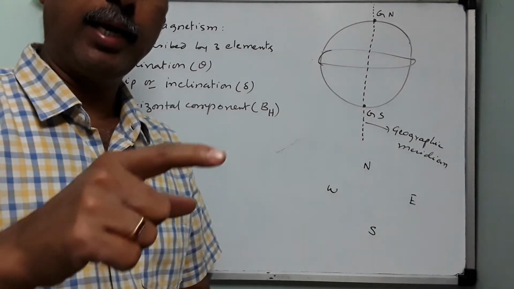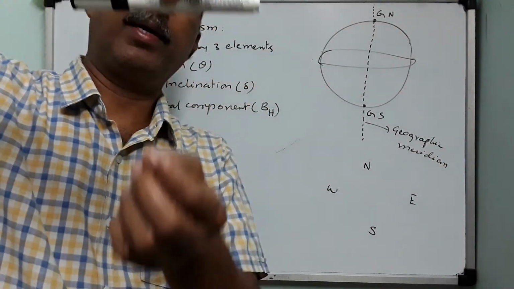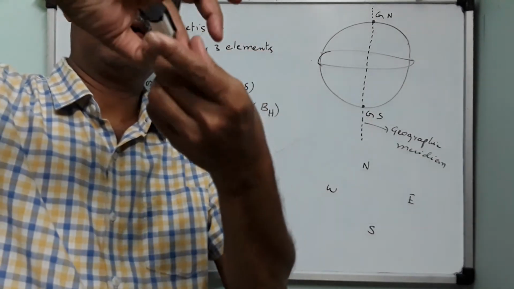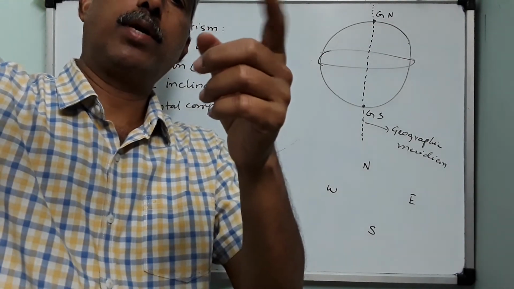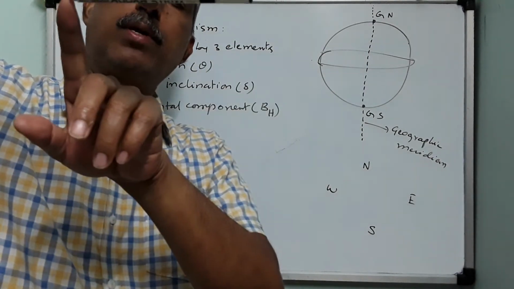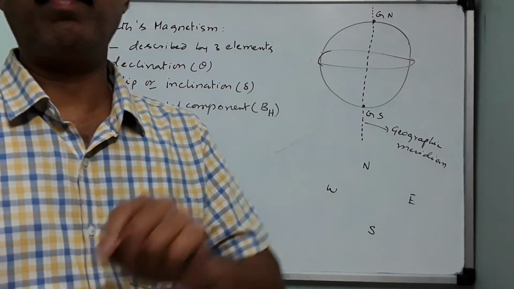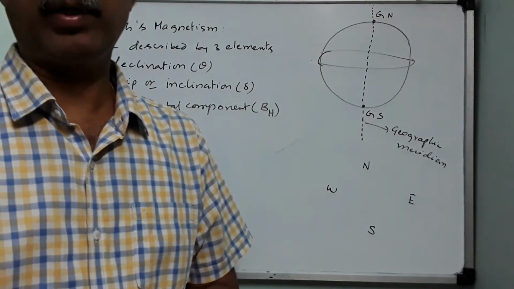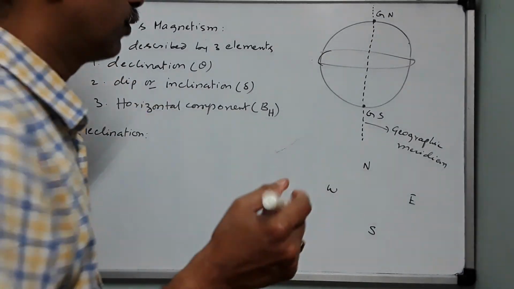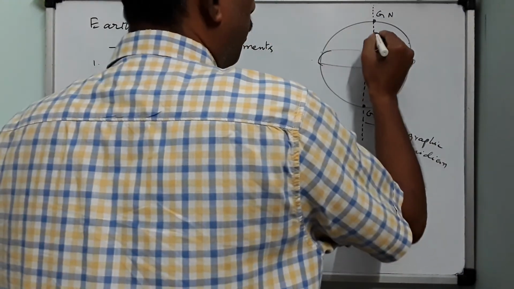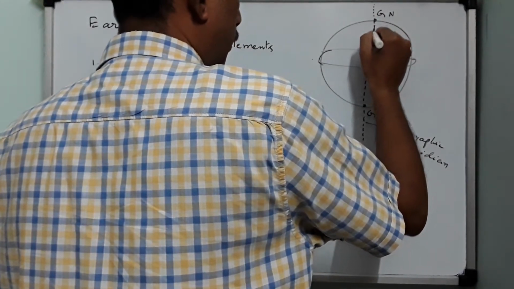Suppose this is the bar magnet suspended, and it is like this now. If it is pointing like this, this will be known as geographic north, and this will be known as what? Geographic south. So the north pole of the magnet will be pointing towards geographic north, and the south pole towards geographic south. So if I have a bar magnet or a magnetic needle, just look at the board.